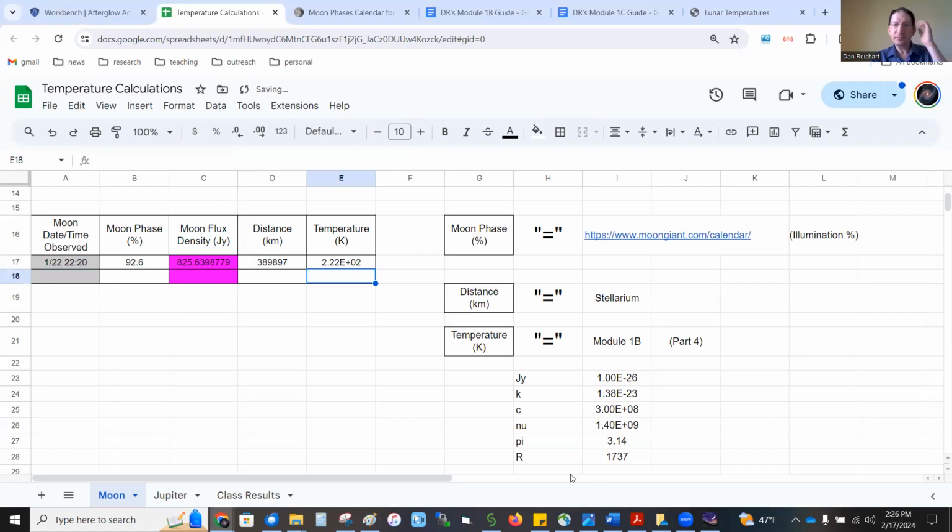Calculates it for you. So that's 2.22 times 10 to the 2. In other words, 222 is what I got.